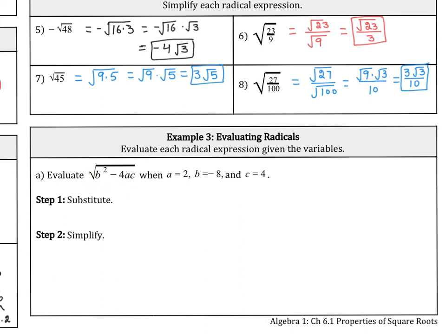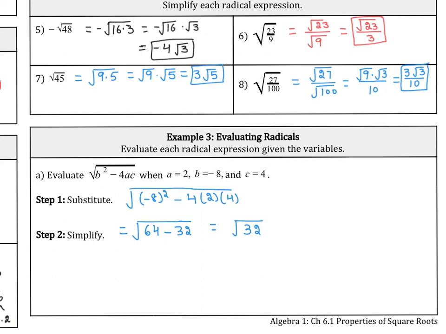So what you have here is negative 8 squared, which is b squared, minus 4 times 2 times 4, and that's going to give us 64 minus 32, and 64 minus 32 is 32, so square root of 32.